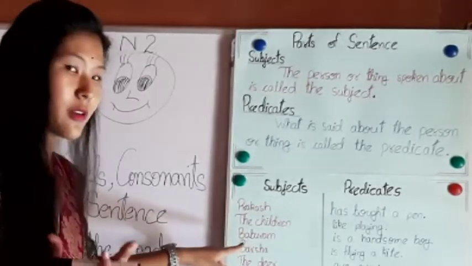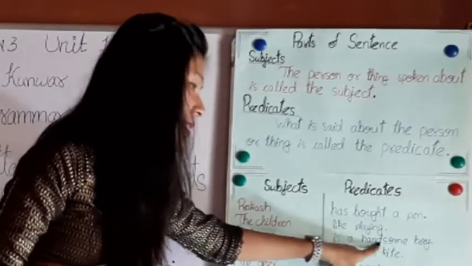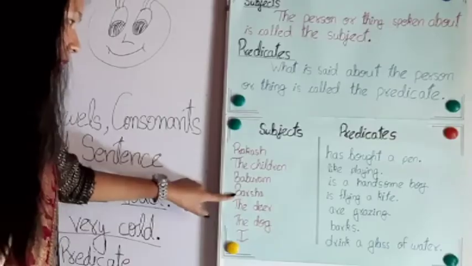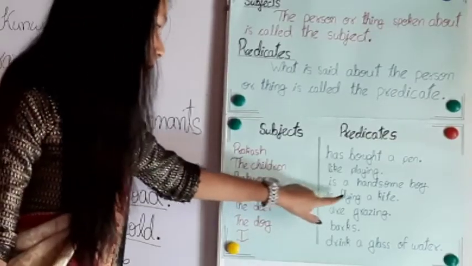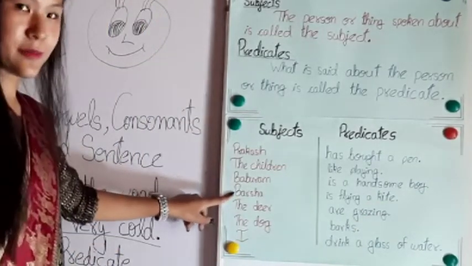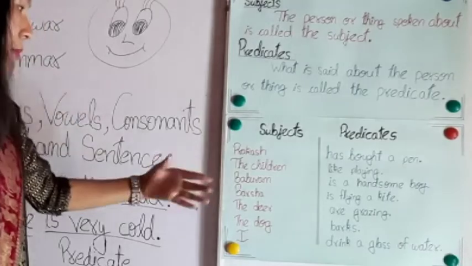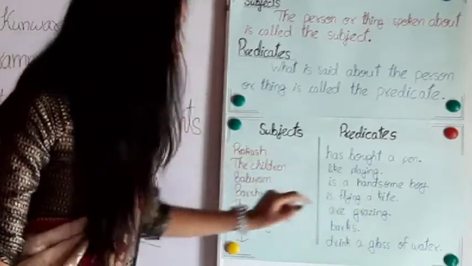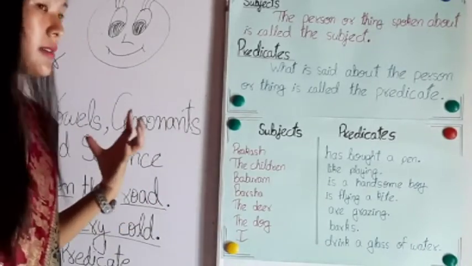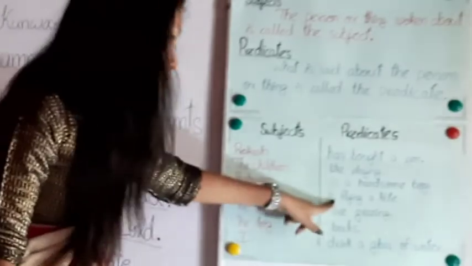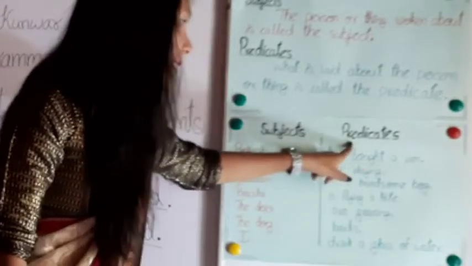Baburam is a handsome boy, so it is the predicate. Next, Barsa is flying a kite. Here Barsa is the subject, and is flying a kite is the predicate. What is Barsa doing? Barsa is flying a kite. So is flying a kite is the predicate.